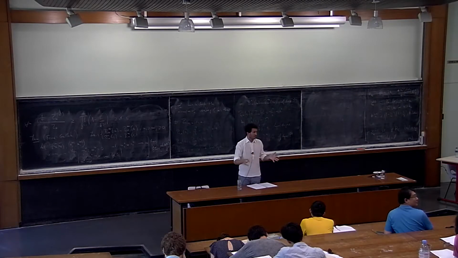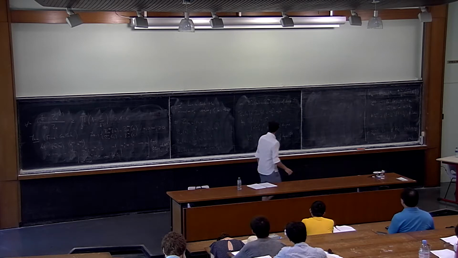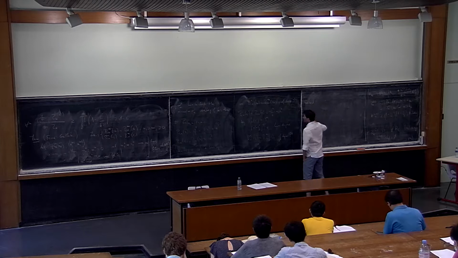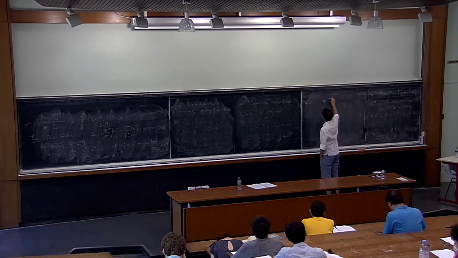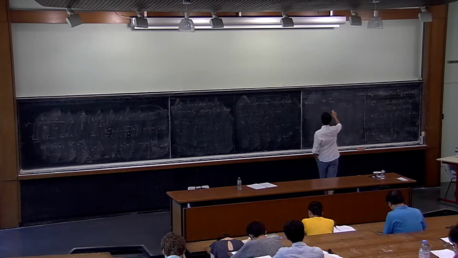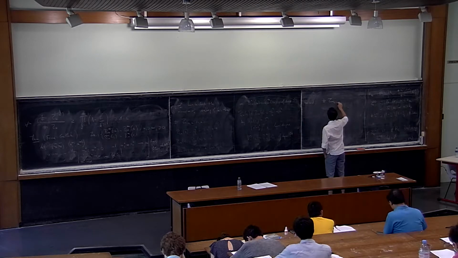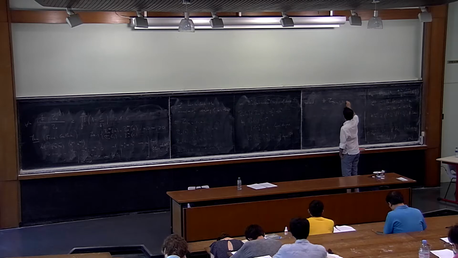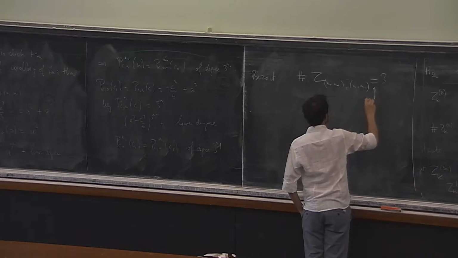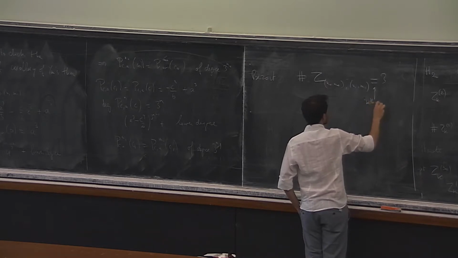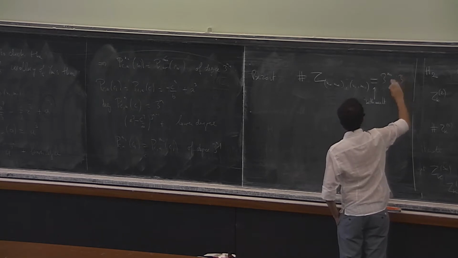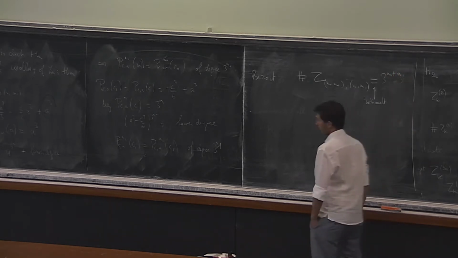So you have nothing at infinity, and you can count just by Bézout's theorem. By Bézout's theorem, the cardinality of this set Z_{N0,M0,N1,M1}, counting multiplicities, is 3 to the N0 times 3 to the N1.